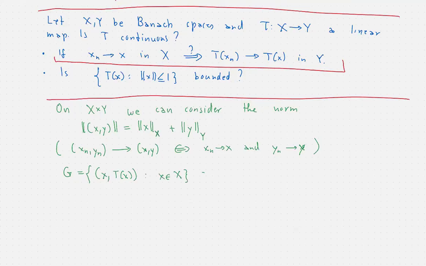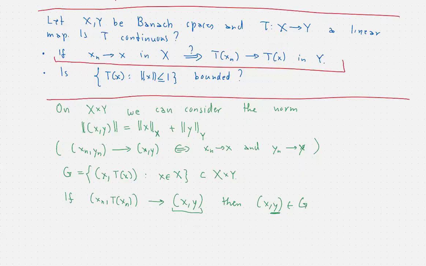So remember that a set is called closed if it does not allow its sequences to converge outside, meaning if (x_n, T of x_n), that's what a sequence in G would look like, converges to an element (x, y), then (x, y) should be in G. But what does it mean for (x, y) to be in G? It means precisely that the second coordinate is the image of the first coordinate. So y has to be T of x.